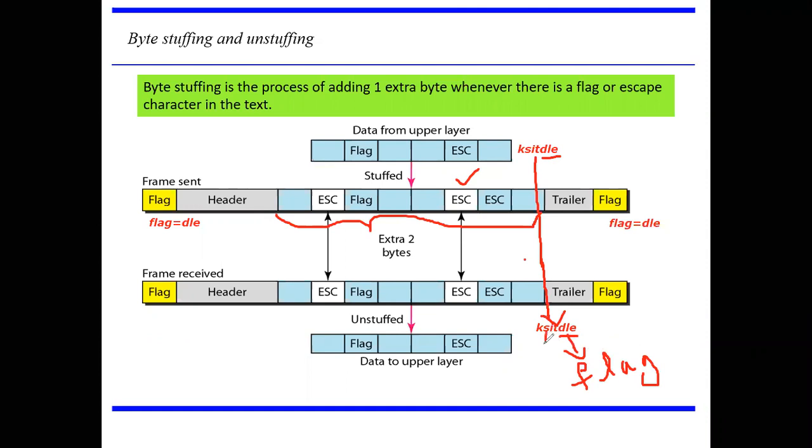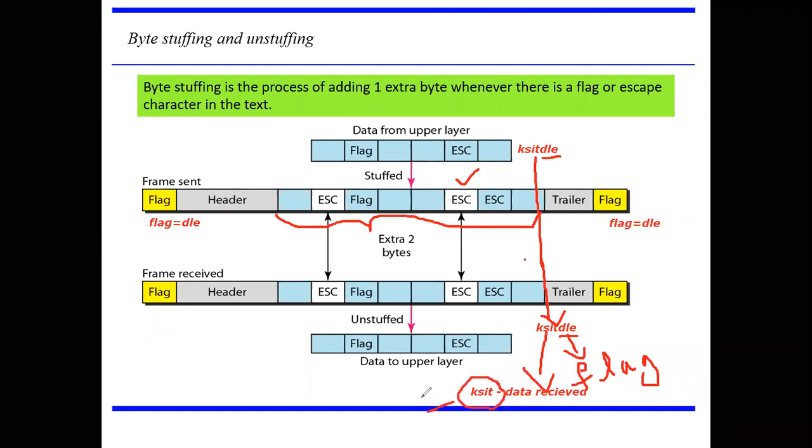So what is the actual information you'll be getting? The actual information you'll be getting is only KSIT. Data received. But what is your actual data? KSIT DLE. So is this data you received completely?